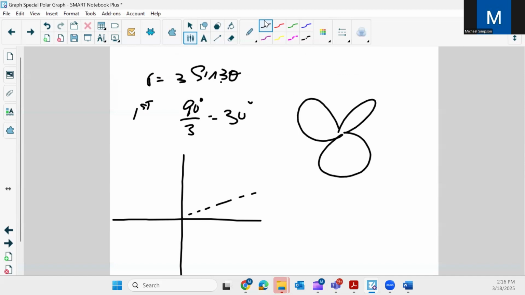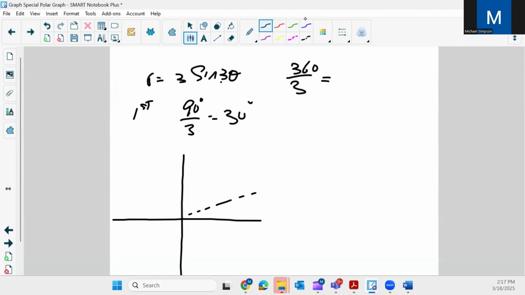The issue is now, what is the angle between all 3? How do we find the angle between all 3? Take 360 and divide it by how many petals we have: 3. That gives me 120.